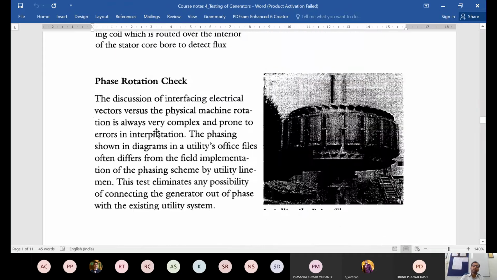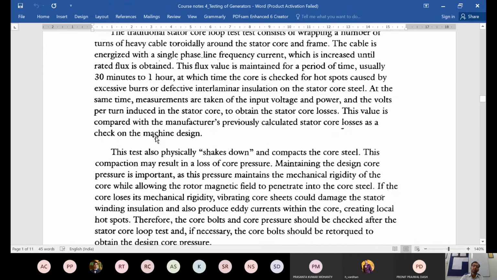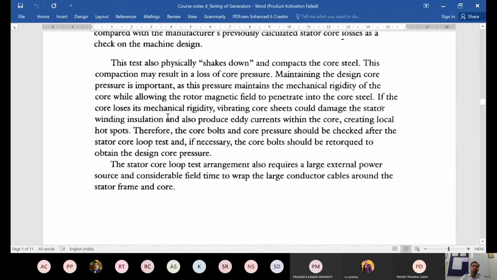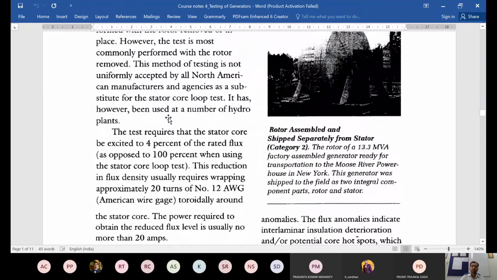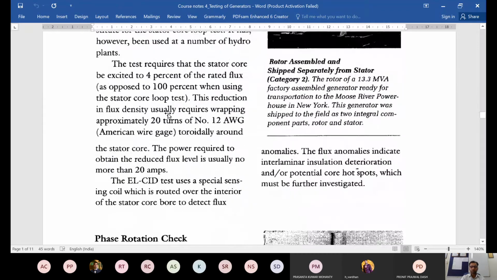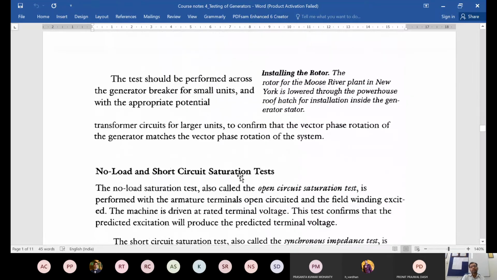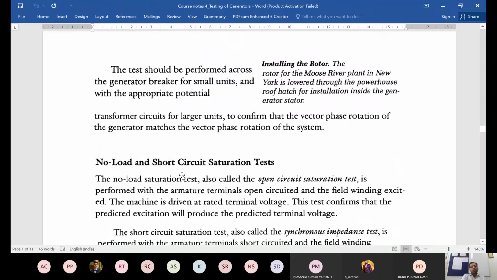For armature resistance, we already discussed the first test, the resistance test of armature and field winding, which is done to identify the armature resistance and also the field resistance. But so far we have not identified the synchronous reactance. So the no load and short circuit saturation tests help identify the synchronous reactance and also some other parameters.